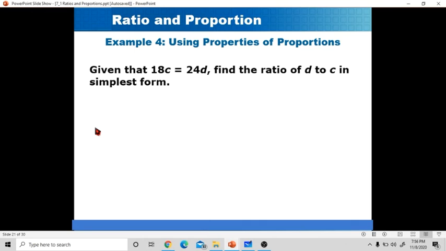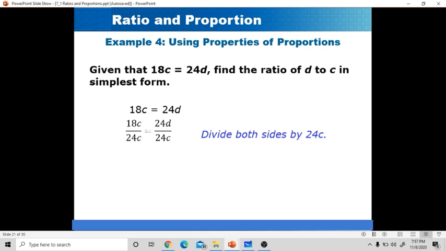Given that 18C is equal to 24D, find the ratio of D to C in simplest form. Okay, ang hanapin natin dito is the ratio of D to C. Okay, write the equation 18C equals 24D. Divide both sides by 24C. It will be 18C all over 24C equals 24D all over 24C.